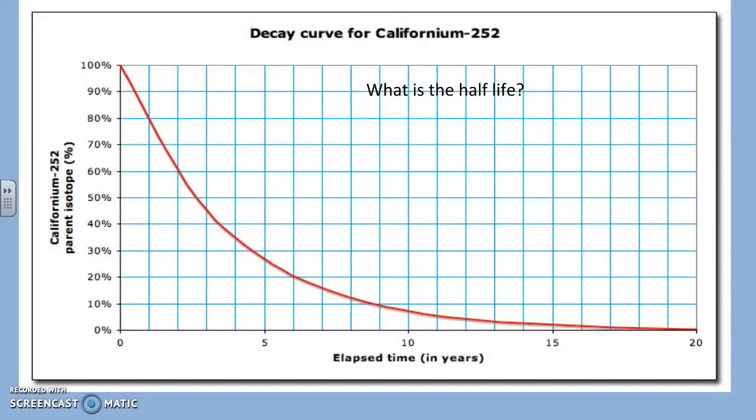All right, and so you might also see a question like this on the test with a graph, and it asks you about the half-life of Californium-252. And so the half-life would be how long it takes to go from 100% of the element to 50% of the element.